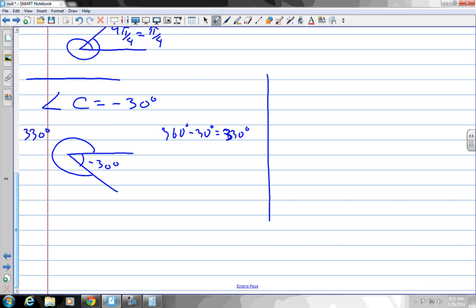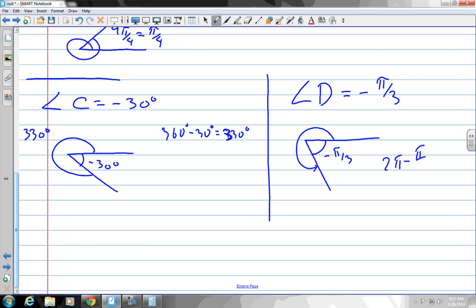And in the same way, I can look at angle D, that's negative pi over 3 if I look at the radian measure. So again, the negative measure means we're going in the clockwise direction, so we're dropping this way. So what will be the equivalent angle measure if we go in a positive direction? As before, you'll go 2 pi minus pi over 3.